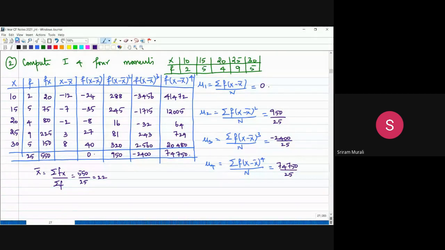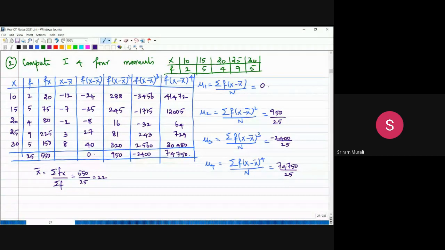This is for the discrete case. For the continuous case, you should only ensure they ask you to compute the first 4 moments.